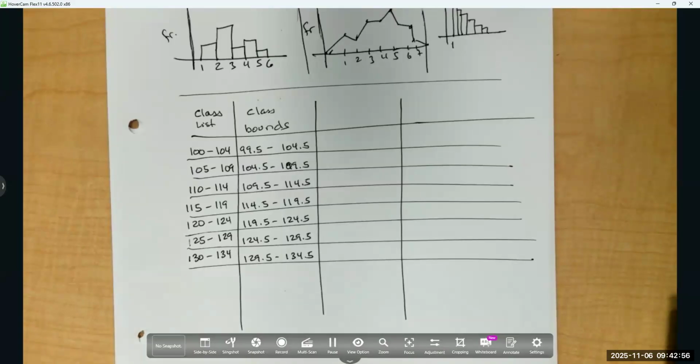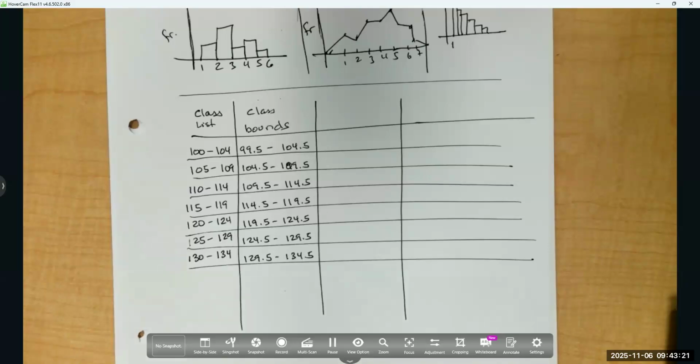Because we have to make sure everything's set up. And then what we would do next, we would look at our data set. And then if we look at the data set, what we would do with that? What do you graph?